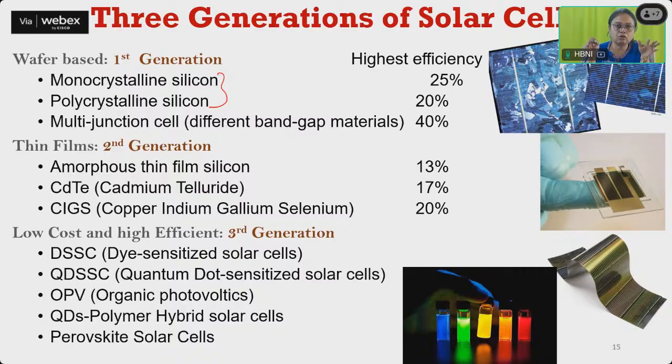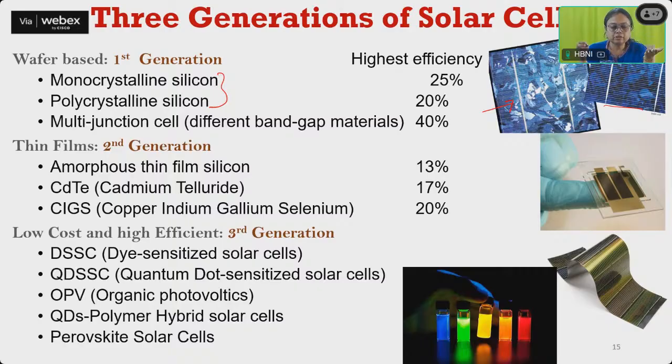Whatever we see commercially now are still first generation solar cells, made up of silicon wafers. They can be both monocrystalline, meaning single crystal silicon, or polycrystalline. Both can be used.